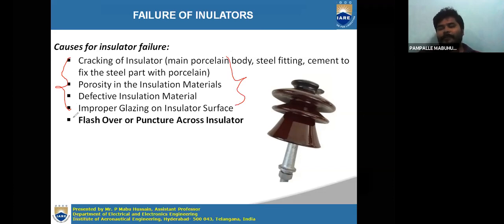Another cause for insulator failure is flashover or puncture across the insulator. This is not a manufacturing defect. So what are flashover and puncture, and when do they occur? Let us discuss.